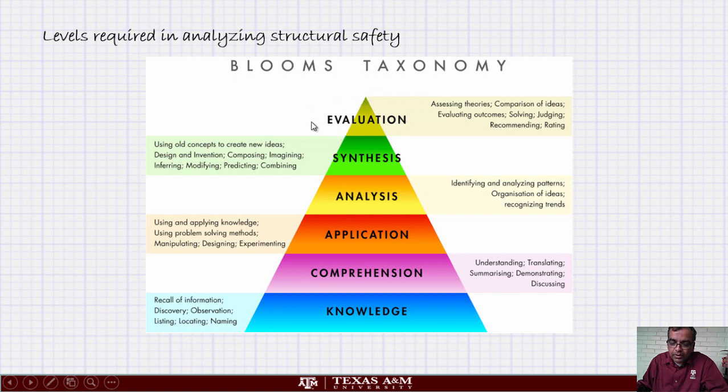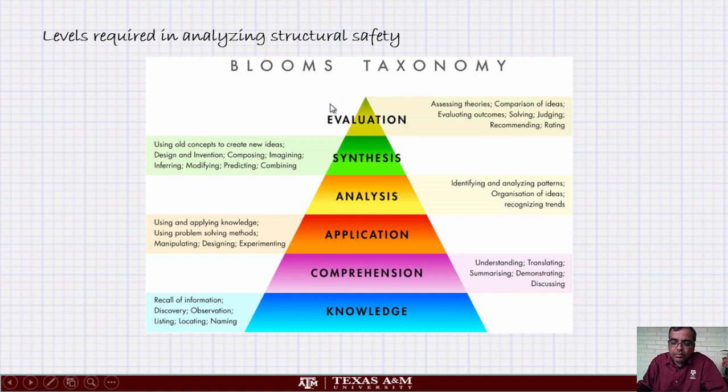Our last step will involve evaluation. Our last but one step will involve some kinds of synthesis, and then we'll have some analysis and so on. So you will see that we'll have to do everything. This Bloom's taxonomy is a very useful way to figure out why certain things are difficult. If they are here, these are called routine or plug and chug problems. If you are somewhere here, it starts getting to be a little bit complicated.